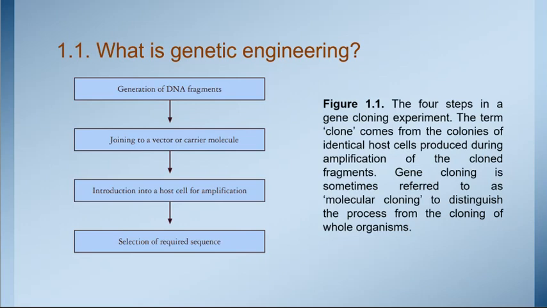So successful completion of these steps provides the genetic engineer with a specific DNA sequence, which may then be used for a variety of purposes. A useful analogy is to consider gene cloning as a form of molecular agriculture, enabling the production of large amounts of a particular DNA sequence.